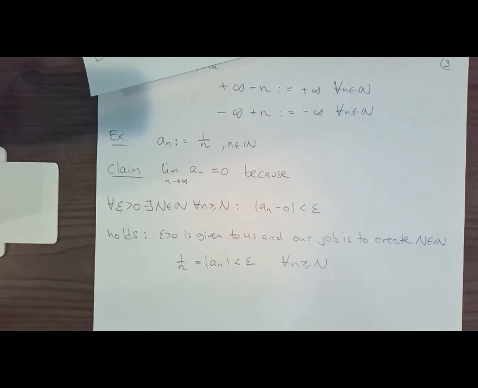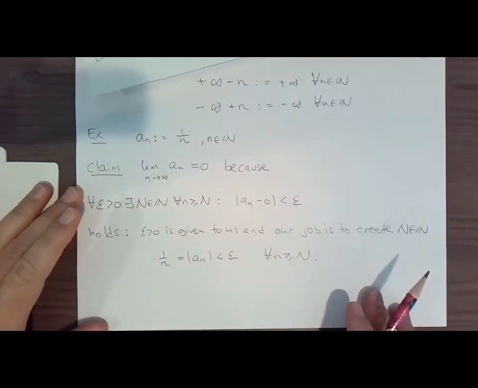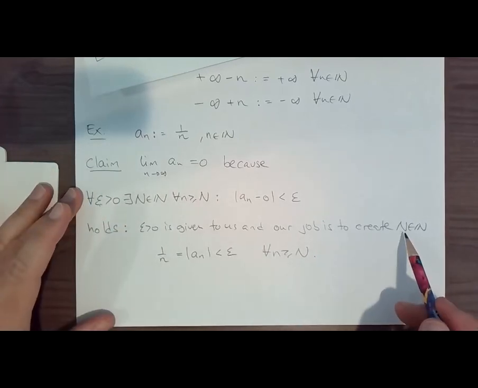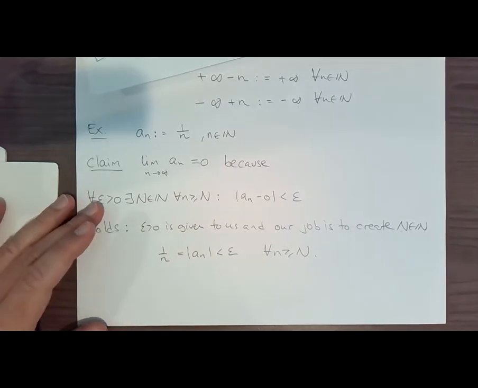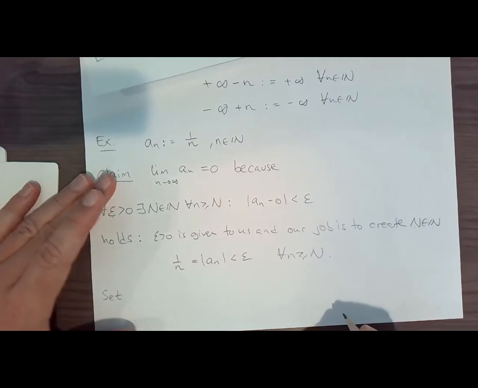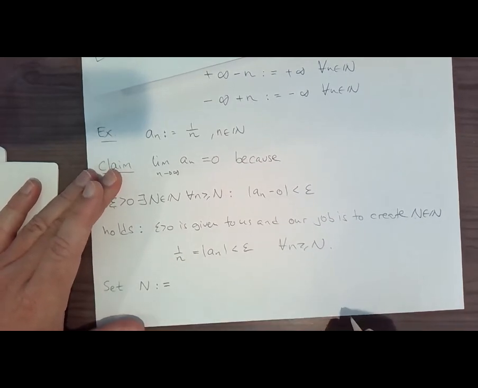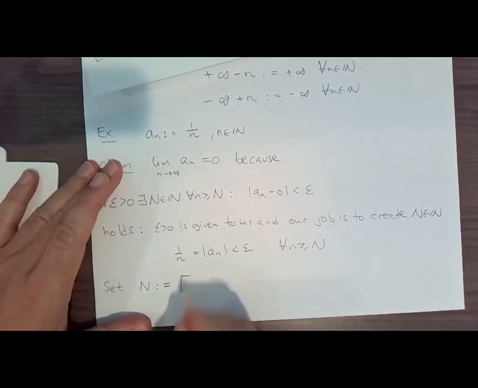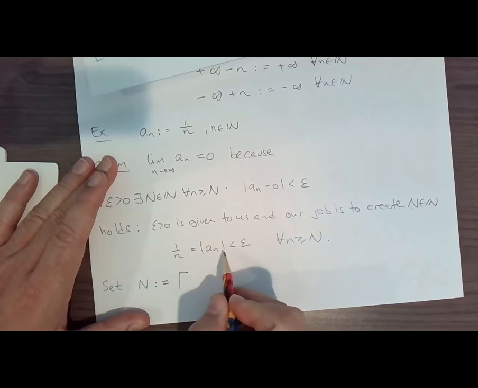Okay, so how are we going to do that? There's no claim here about uniqueness, so we just have to find one capital N that will do it. That just has to exist. How will we do it? Well, we'll set this capital N, which has to be a natural number, to be something specific. I'm going to choose it by basically solving for epsilon: I'll move n to the other side and then divide over.